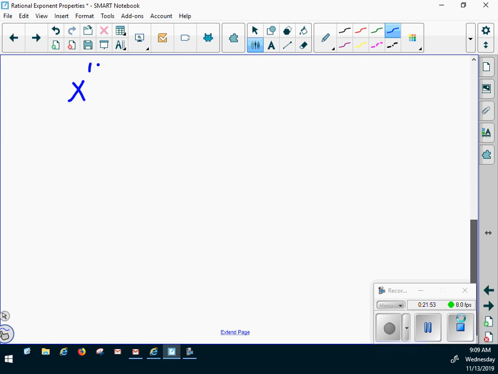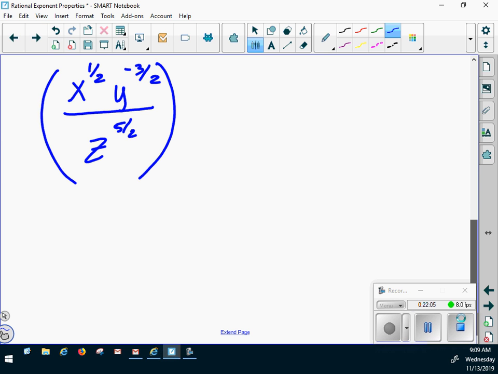X to the 1/2, y to the -3/2 over z to the 5/2, all raised to the 2nd. When I raise a power to a power, what do I do to the powers?